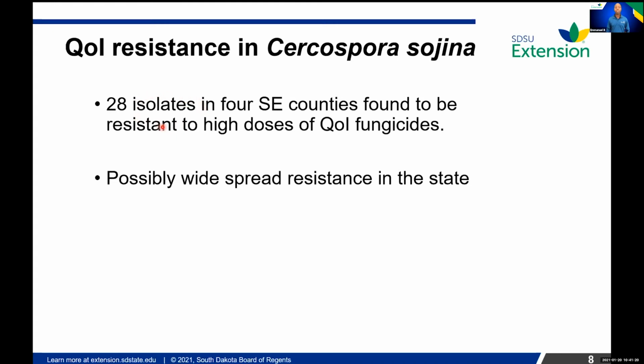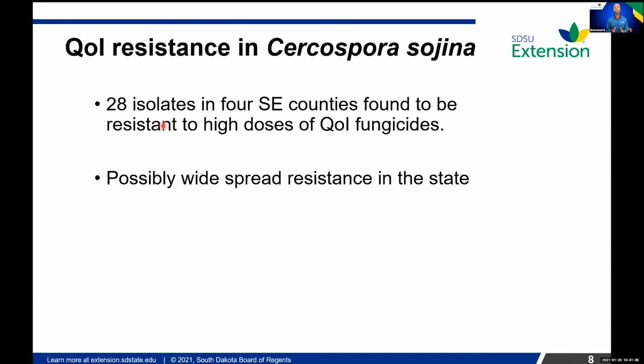So as of now, we've found 28 isolates of this pathogen that causes Frogeye to be resistant to soybean fungicides. And we think that the resistance could be widespread in other counties.